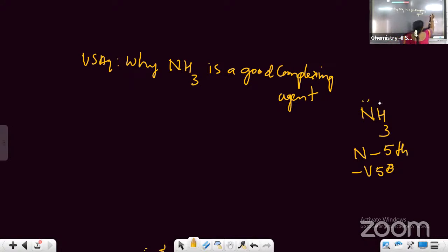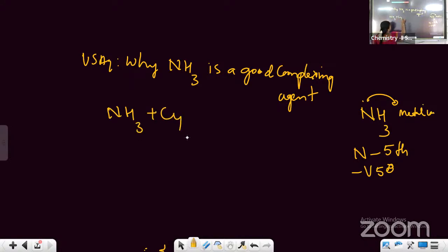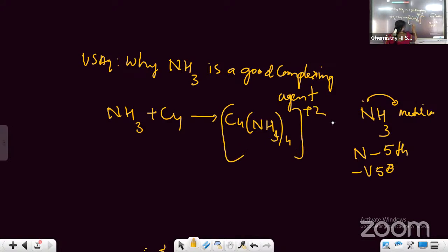This lone pair of electrons can be donated to any metal ion, and thus it forms complexes. For example, ammonia reacts with copper. Already we have seen this yesterday. It reacts with copper to give tetraamine copper(II), the deep blue color complex.